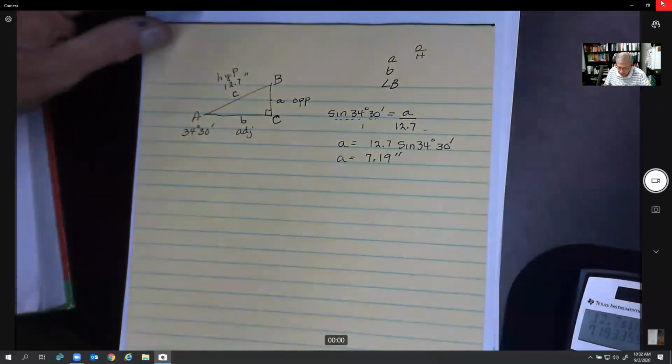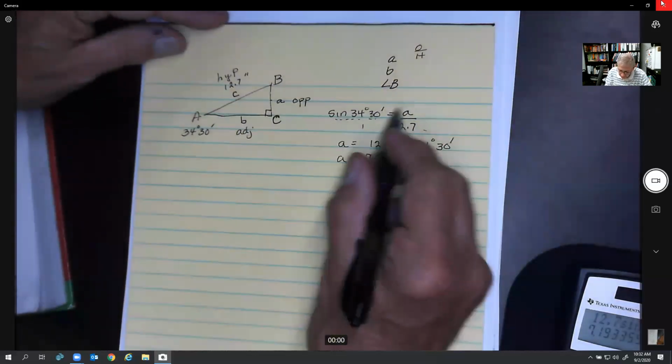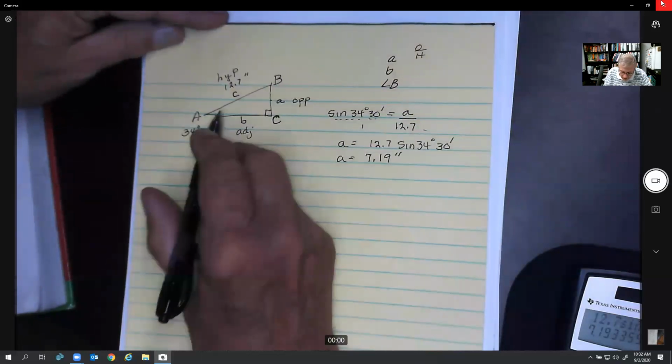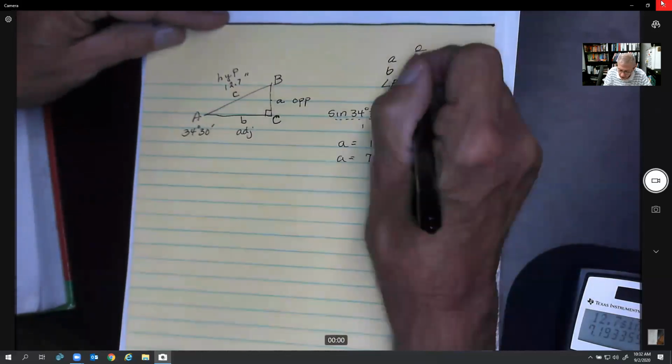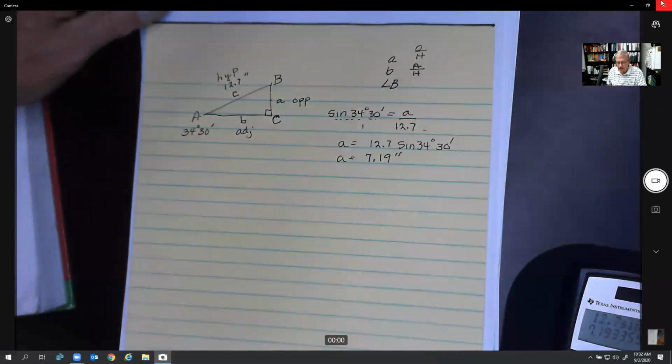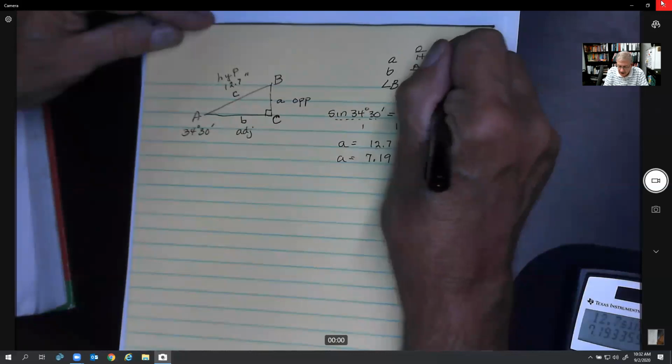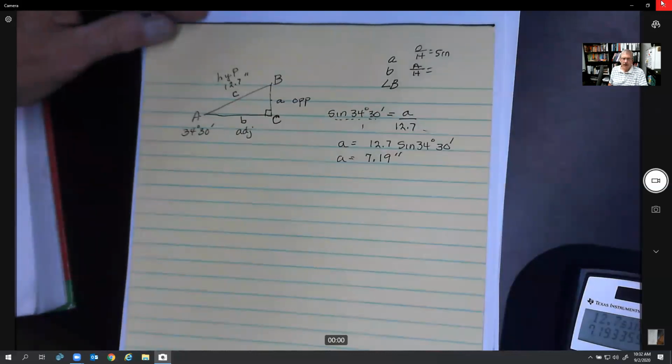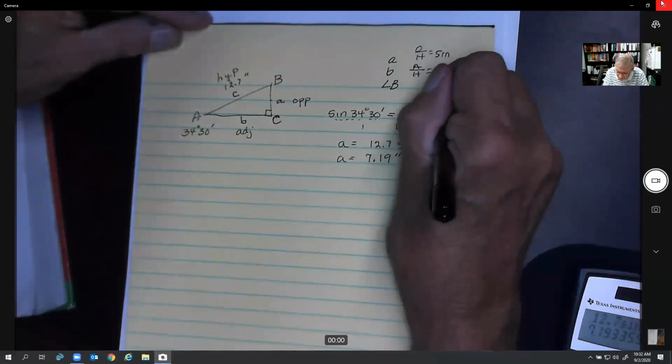Okay, what about finding B? Let's find B. Okay, B is the adjacent over the hypotenuse. What relationship is that? We know this was sine. What is the adjacent over the hypotenuse? Cosine.